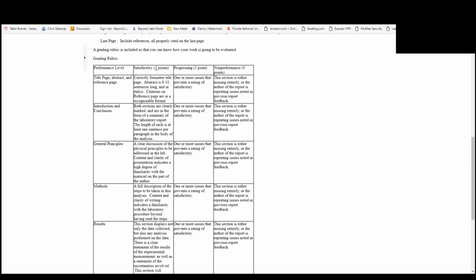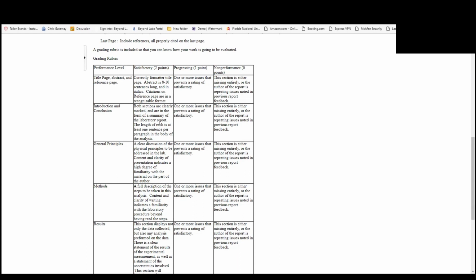So to get 20 points, for example, in the general principles, what the general principles must show is a clear discussion of the physical principles to be addressed in the lab. Content and clarity of presentation indicates a high degree of familiarity with the material on the part of the author. So if your general principles meet these requirements, you get your 20 points.